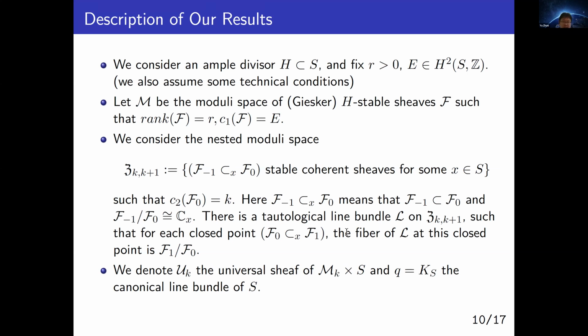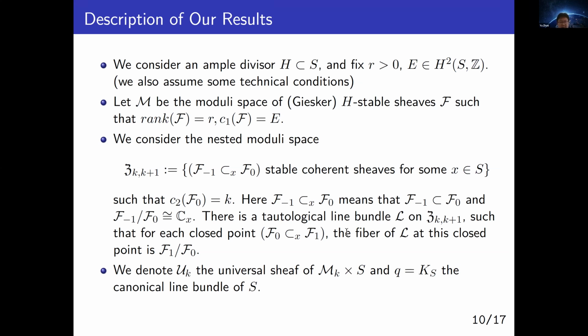The answer in general is not true, but we will make some additional assumptions, which we will mention later, to make this true. So what we want is that if F0 is the non-split extension of F-1 and the skyscraper sheaf at the point x, then F-1 is stable if and only if F0 is stable.